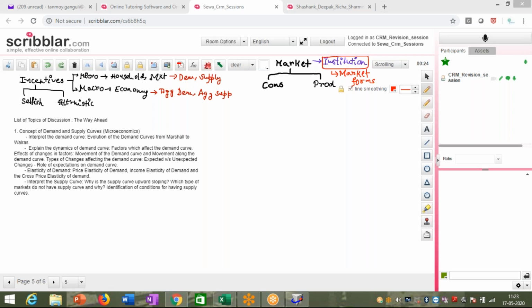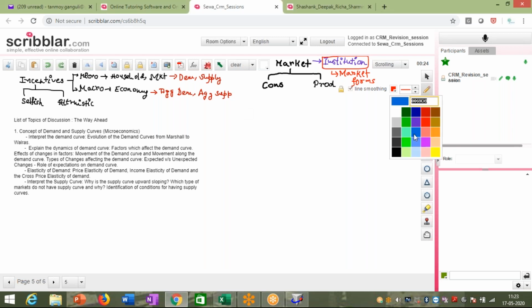Fine. So let's start by talking about the market framework first. We'll start off by talking about the perfectly competitive markets, and why these markets are called perfectly competitive.